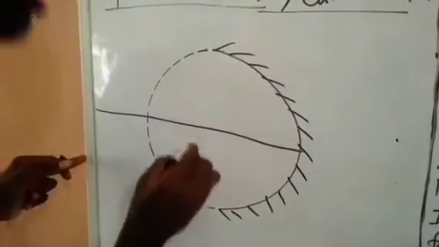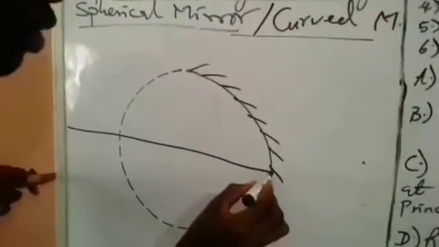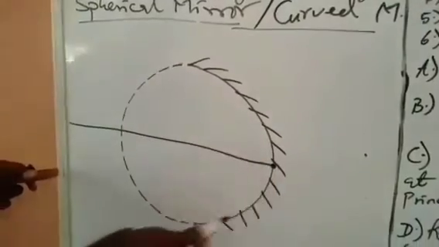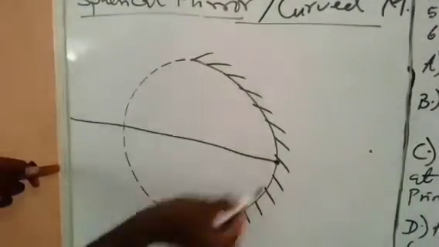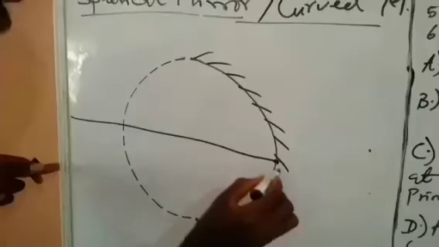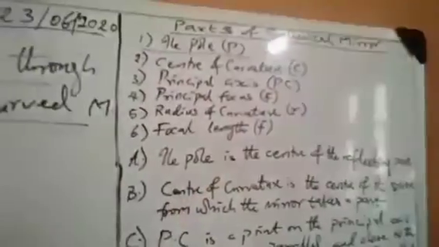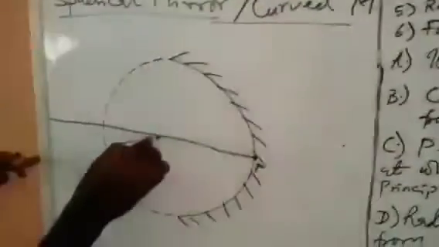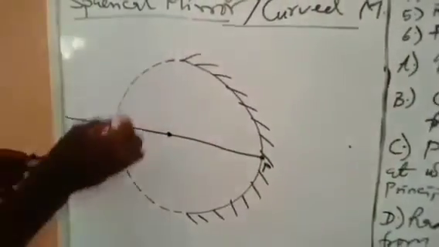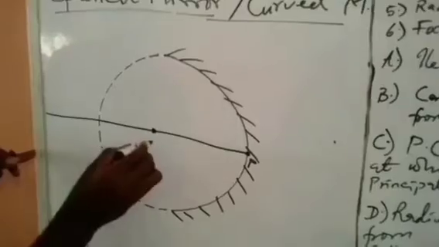Remember the first part of the mirror is the pole. The pole is the midpoint of the arc that forms the mirror. This is the mirror surface. So the midpoint is my pole. I call it P. Then the second one is the center of curvature. The center of curvature is the center of the entire spherical shape. I call it C.